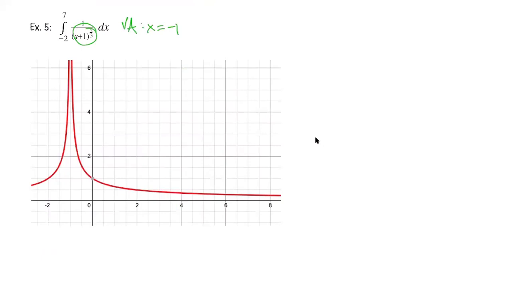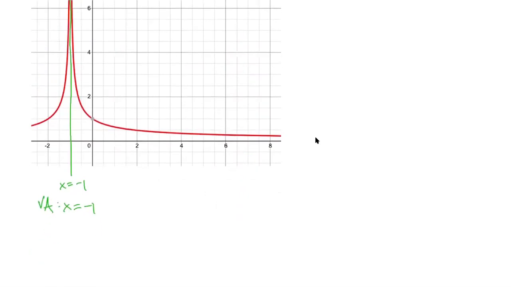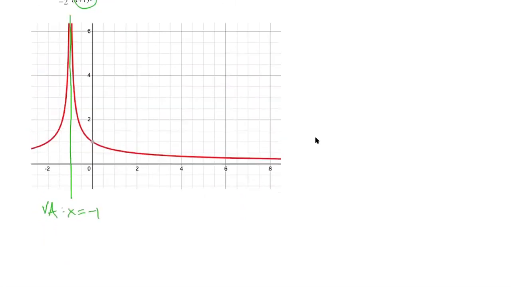And I can see from the graph that at x equals -1, there's a discontinuity in my function. Now, based on this picture, what do we think? Converge or diverge? Converge, yeah, exactly. So we're thinking this is going to be converging, and now we just need to figure out what value it converges to.